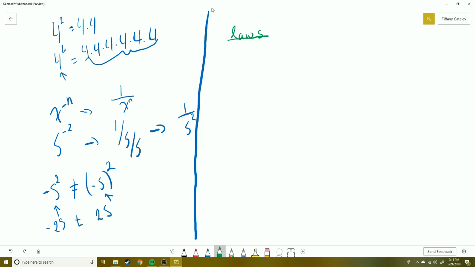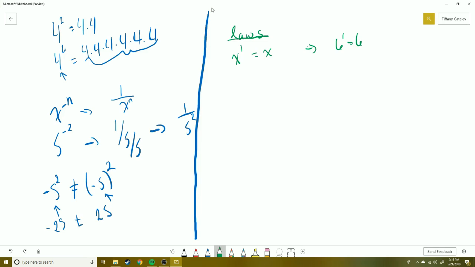So your first law is x to the 1 equals x. And your example for that is like, 6 to the 1 equals 6. So any number you raise to the 1 power is that number, because you're not multiplying that number by anything.